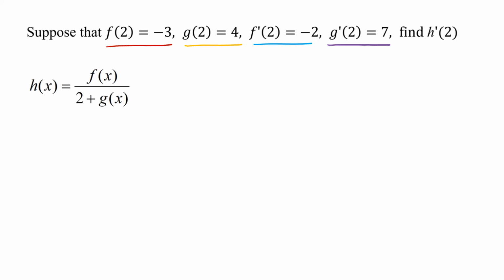Now we want to find h prime of 2 if h of x is equal to f of x over 2 plus g of x. This is a quotient, so it will require quotient rule.